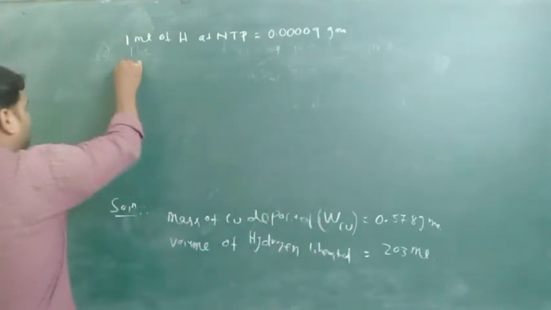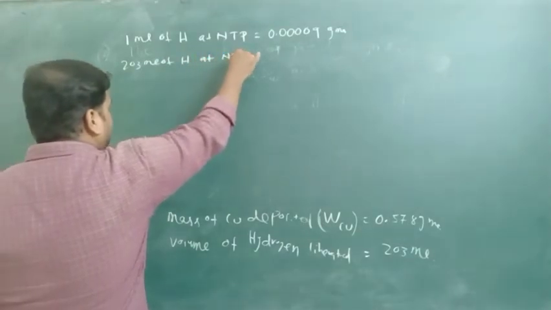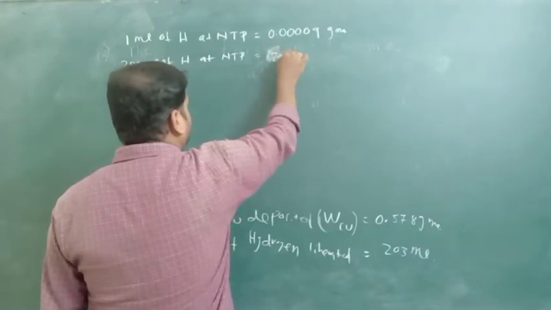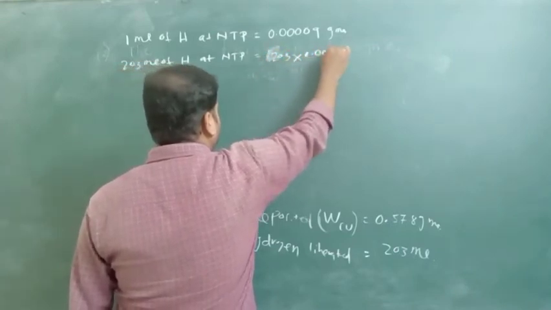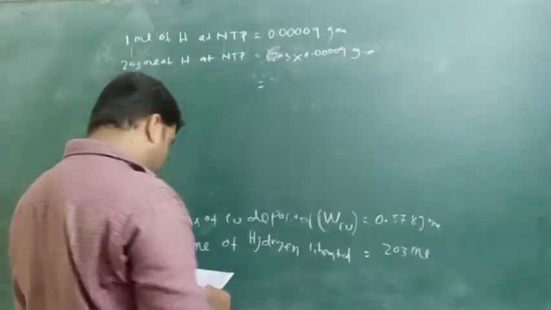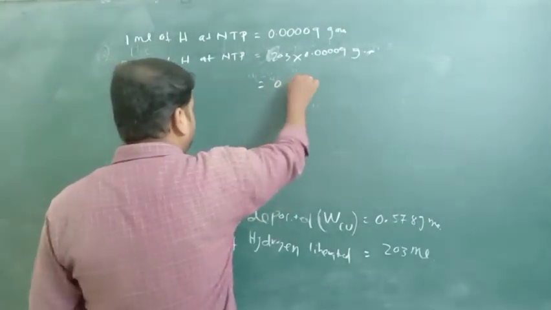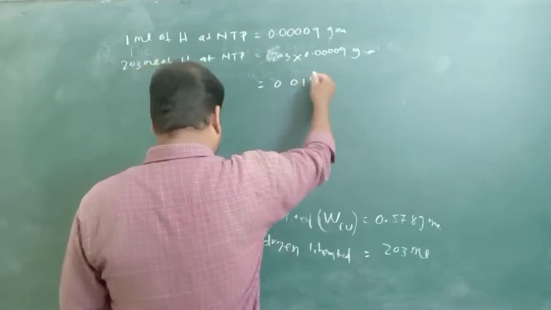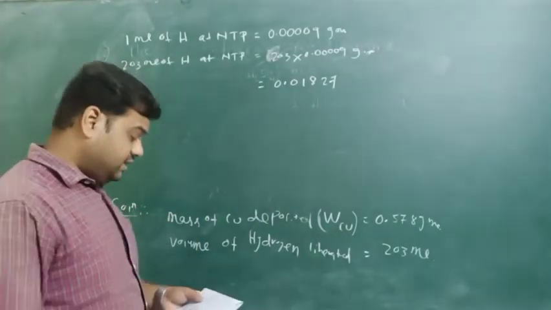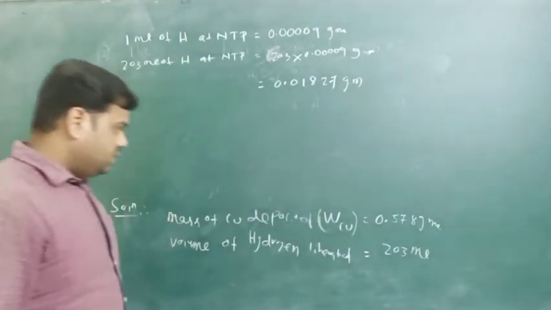So for 203 ml of hydrogen at NTP, it will be multiplied: 203 times 0.00009 grams. So the value I have calculated is 0.01827 grams.